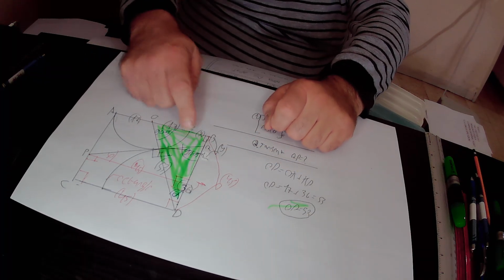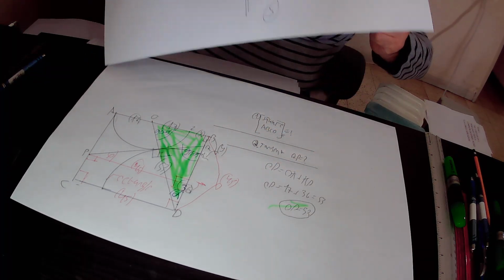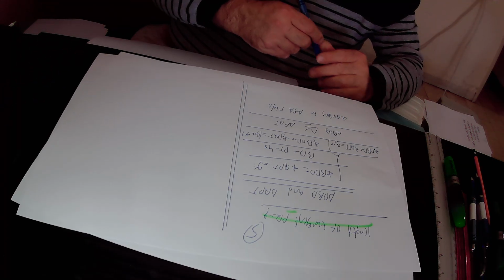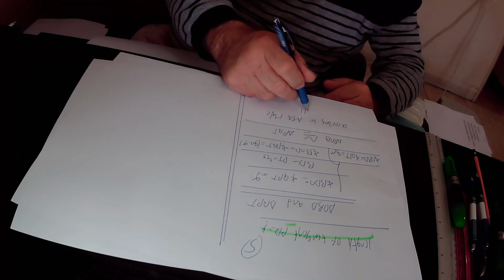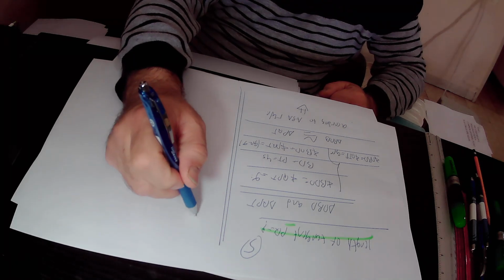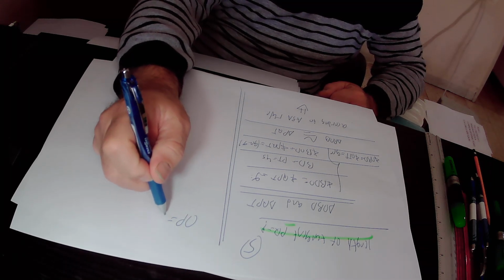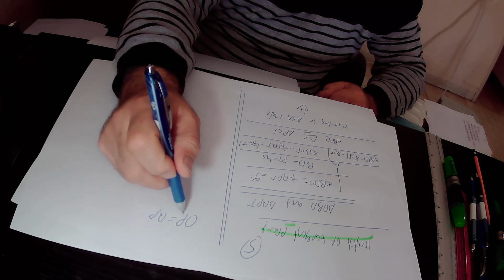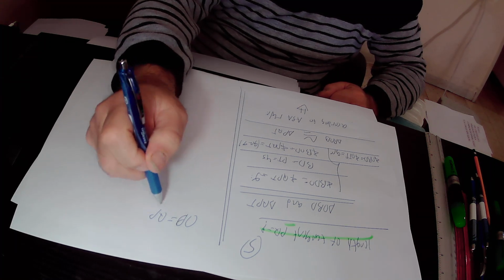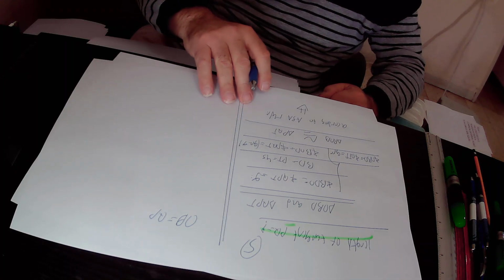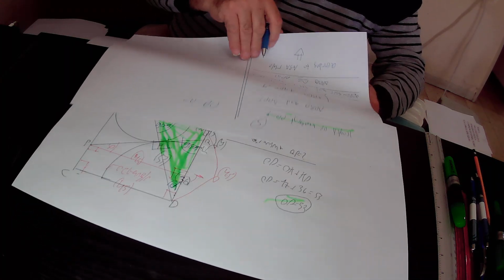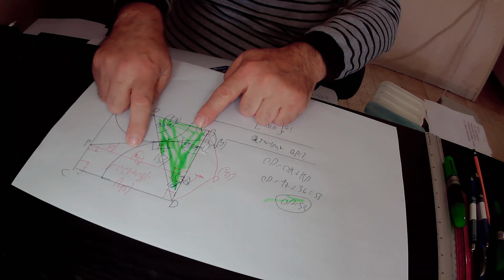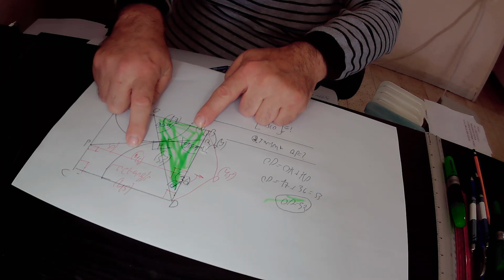Again, OD equals QP, according to the rule that corresponding sides in congruent triangles are equal to each other in their lengths.